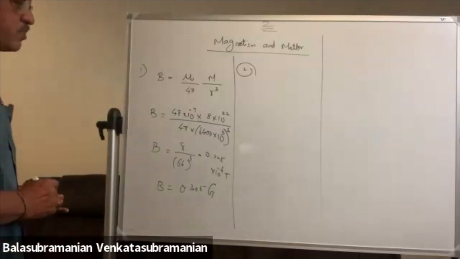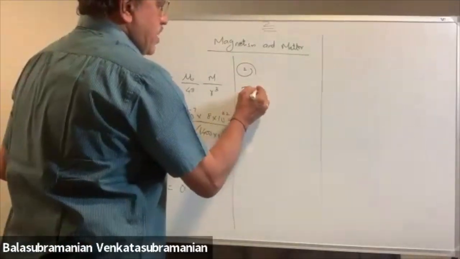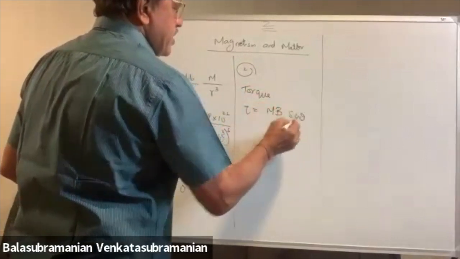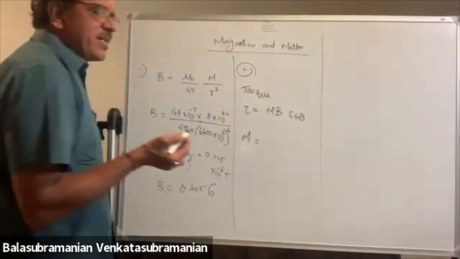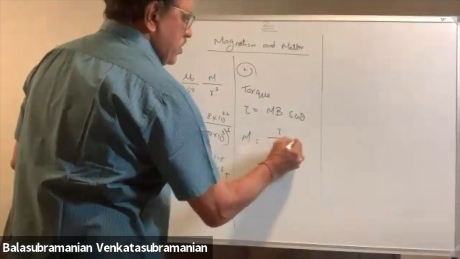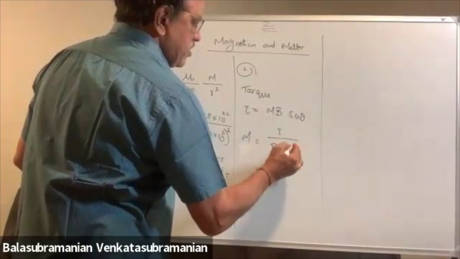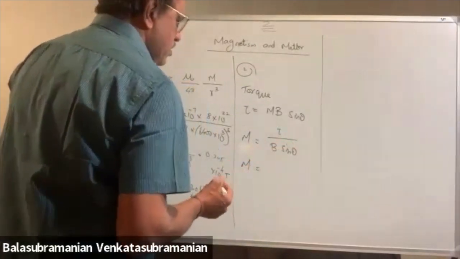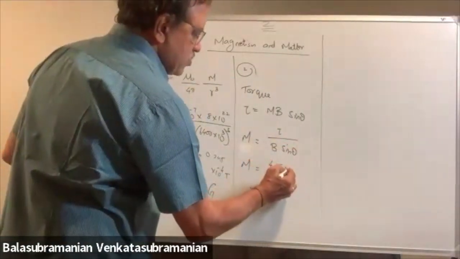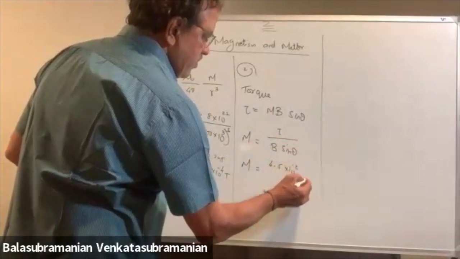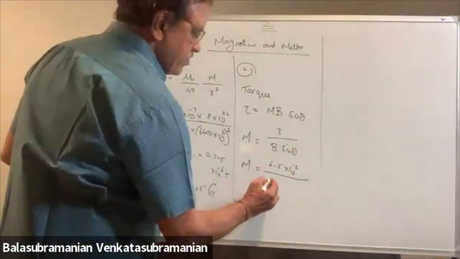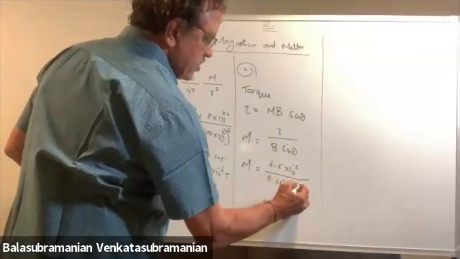Torque experienced by the magnet, formula: torque tau is equal to mB sin theta. Question is, what is the magnetic moment? So we have to write m is equal to tau by B sin theta. Torque is 4.5 into 10 power minus 2 divided by B is 0.25 into sin 30.